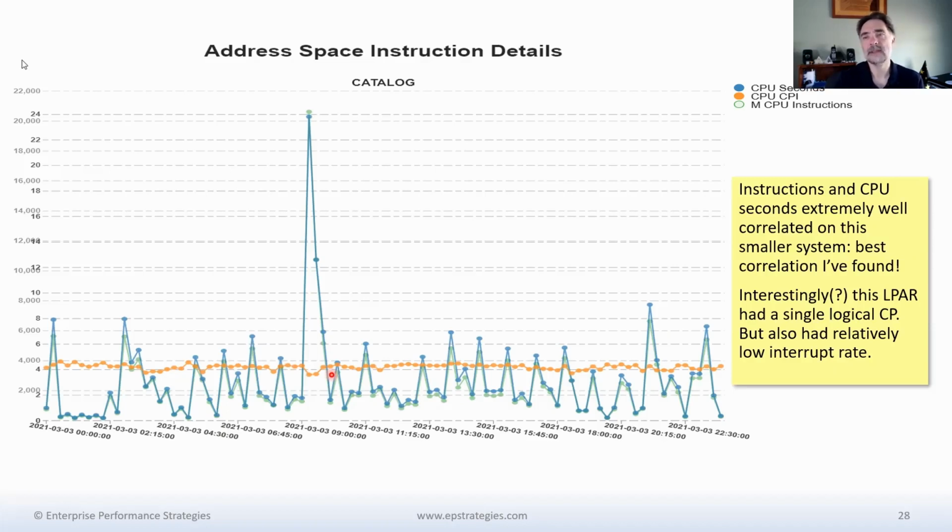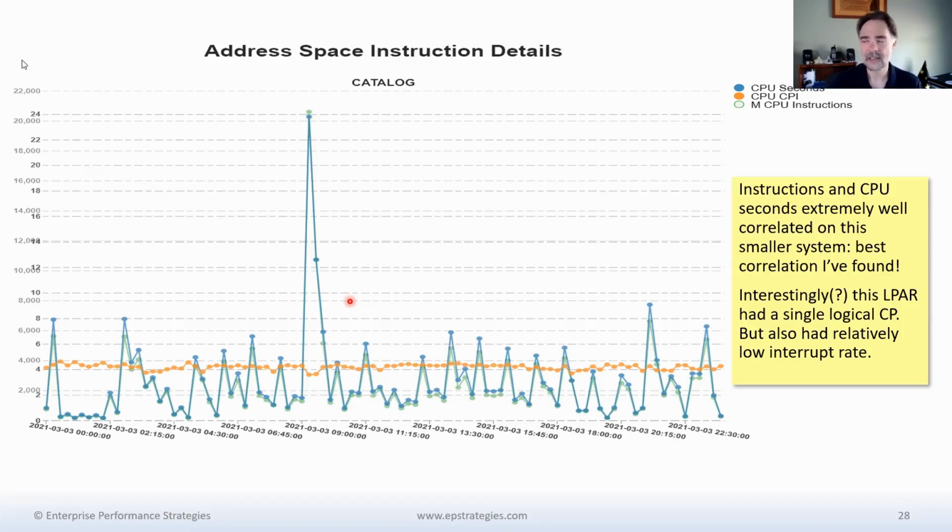So we'd hope that the CPI would be stable. And in this case, the CPI is in fact very stable, despite the fact that the CPU time is variable. The reason for that is the instruction counts are following along with the CPU time, and they're not being skewed a whole lot by these external interrupt types of problems.